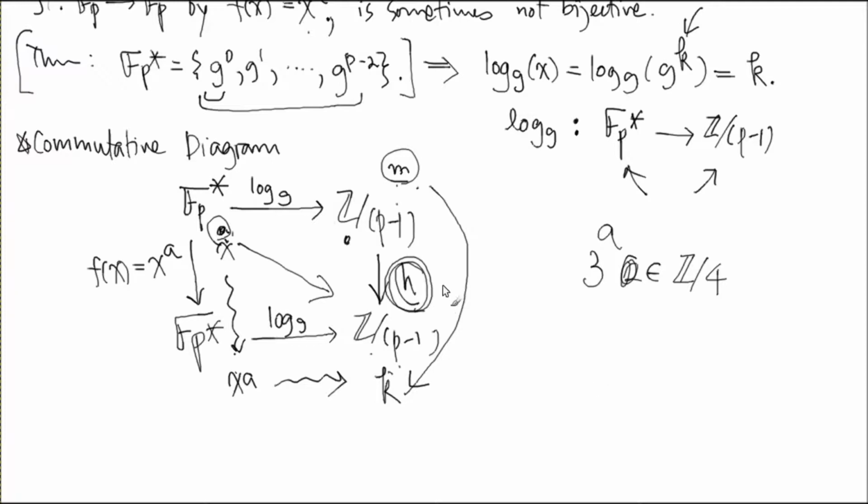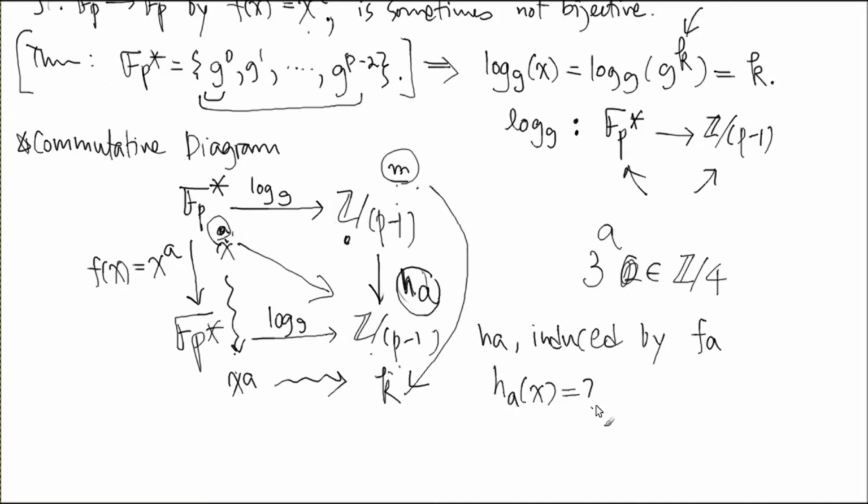Okay, so this map is called h_a. So h_a is induced by that map f_a along that logarithmic map. So I first want you to write down this diagram and put a big question mark: I think he explained it, but I don't understand what this h map is.